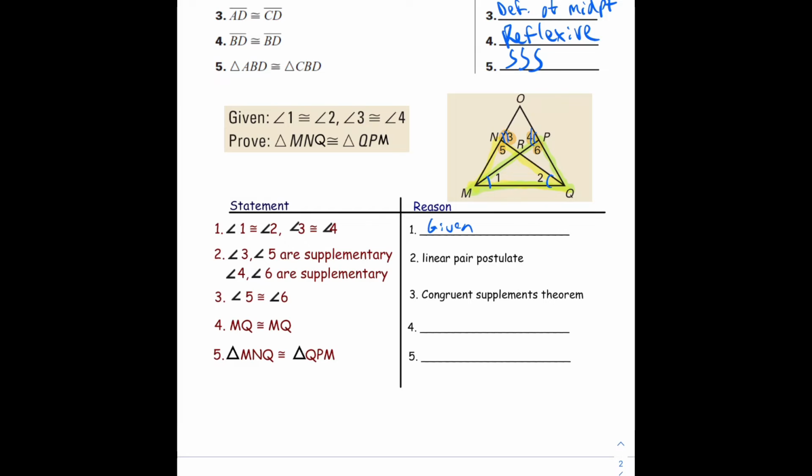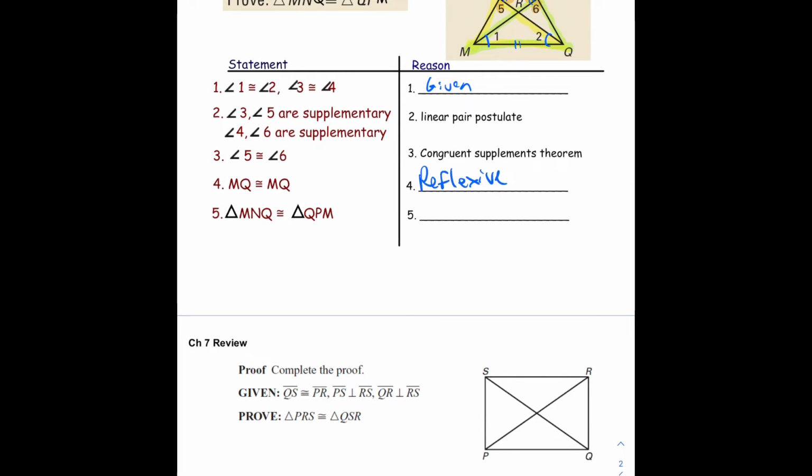And then we notice that MQ is actually used in the same triangle. So this is the reflexive property because MQ is a shared side. So it looks like to me we have an example of, let's see here, angle, side, angle, side.